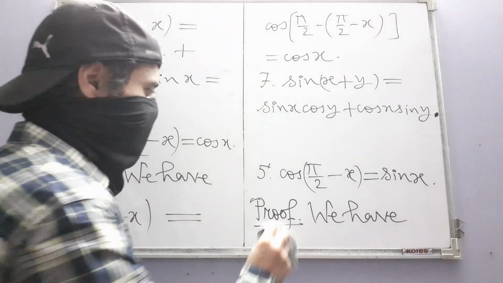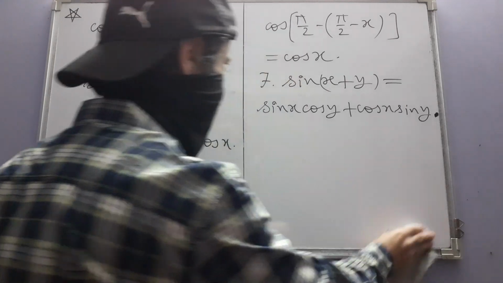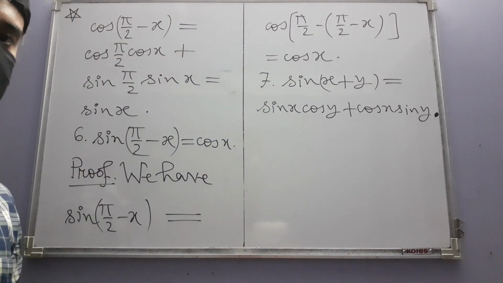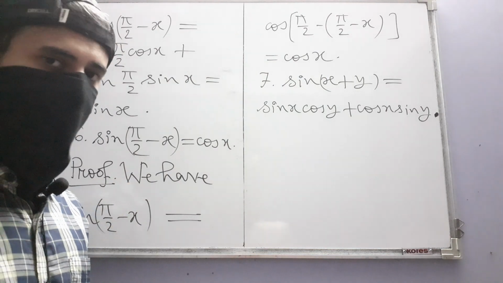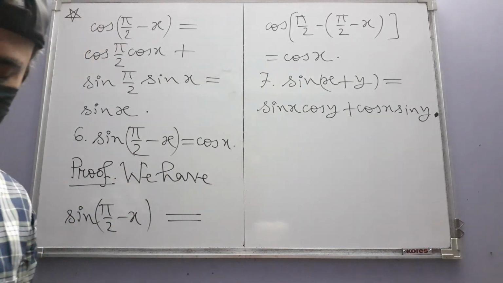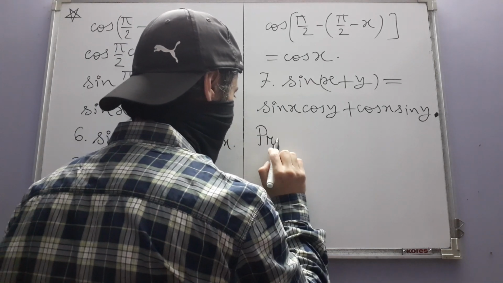Okay, so let's now prove this. Now that we have a device of turning sine into cos and we know what cos x plus y is, so everything becomes so easy now. You see, this is how you can prove this.